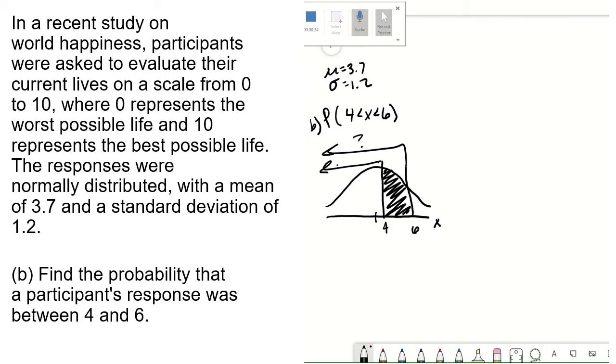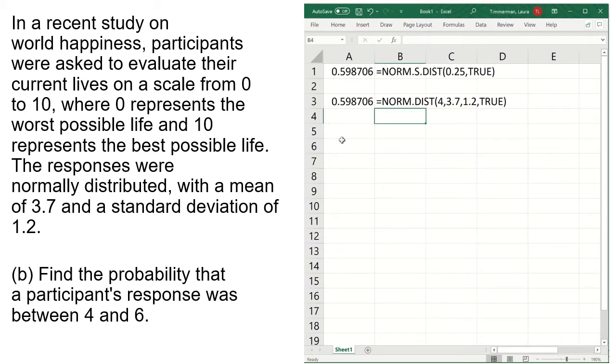So again, you could convert the 6 to a z and go from there, or you could just cut out the middleman and go straight using the norm.dist formula, which is what we're going to do. So switching to Excel, we want to find norm.dist.